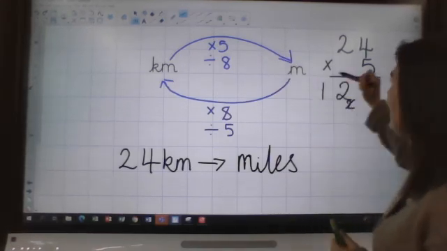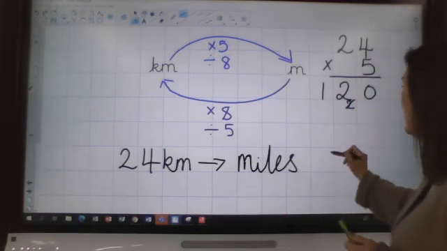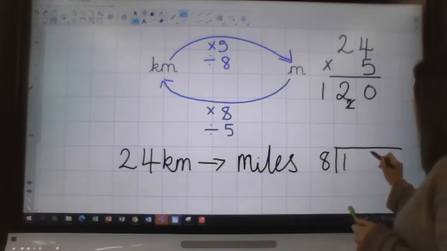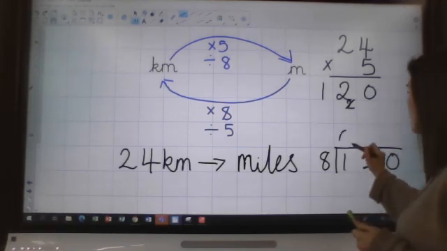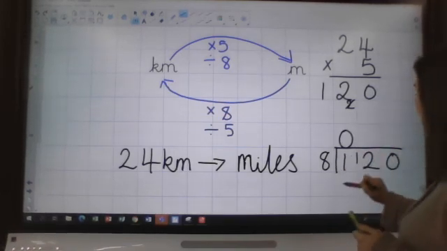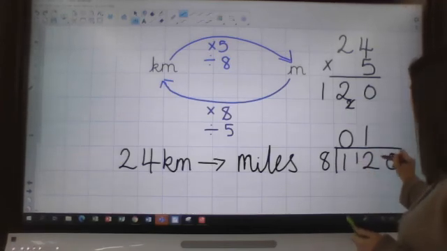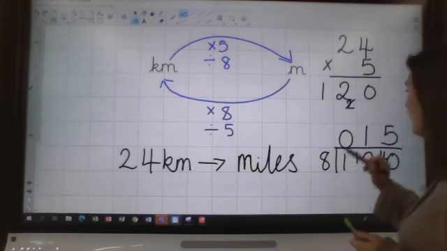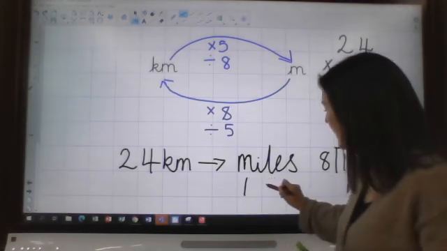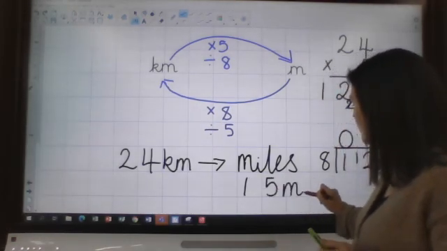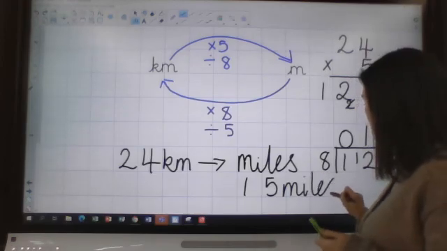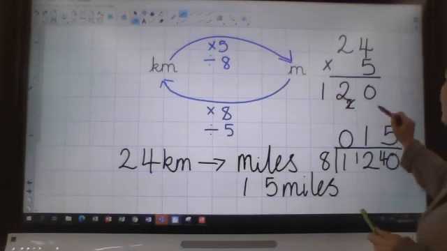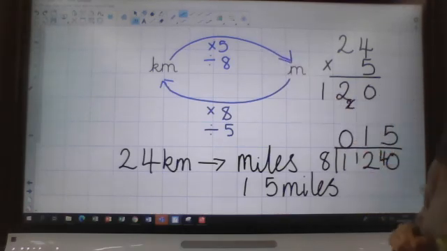But now I need to do 120 divided by 8. So I can't do that, so I carry the 1 along. 8 into 12 is 1, with 4 left over. 8 into 40 is 5. So it would be 15 miles. Okay, so I took the 24, multiplied by 5, then divided my answer by 8.